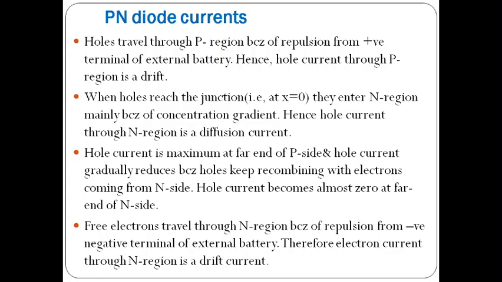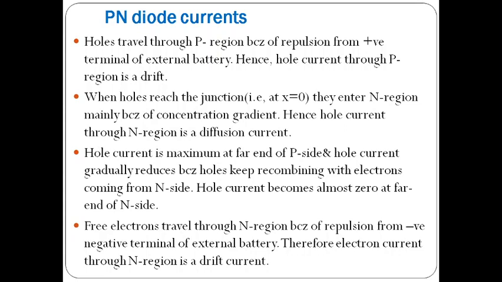When the concentration of holes reduces in the n region, hole current in the n region becomes zero. So the maximum hole current appears at the far end of the p side, and the minimum hole current appears at the far end of the n side. Clear?